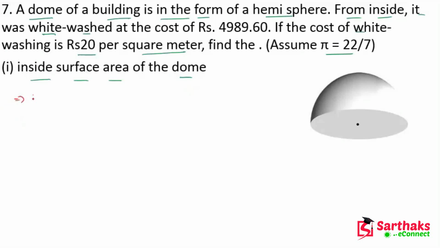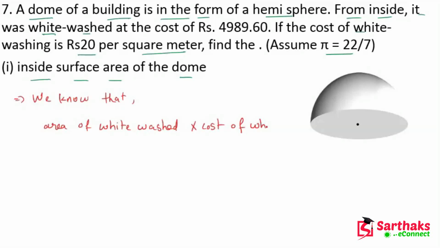Now here we know that area of whitewashed into cost of whitewashed is equals to total cost.